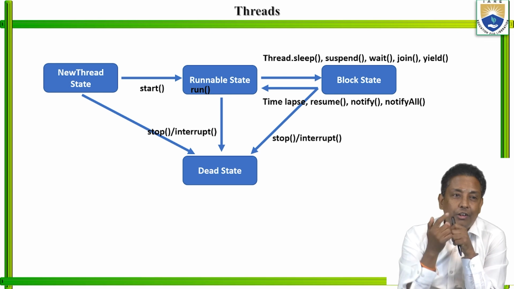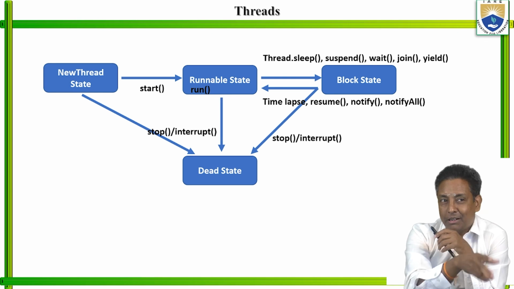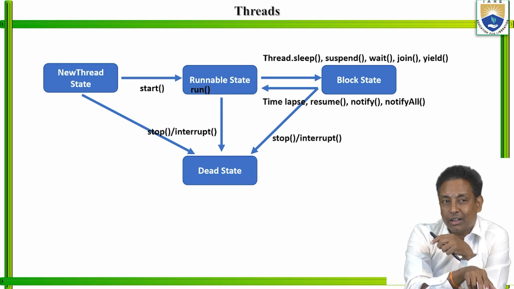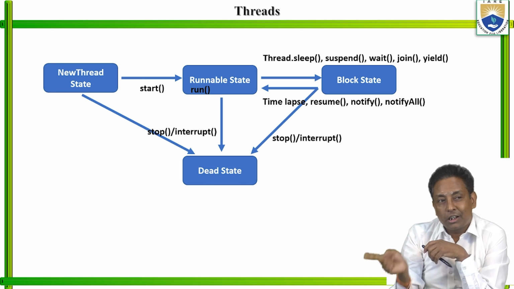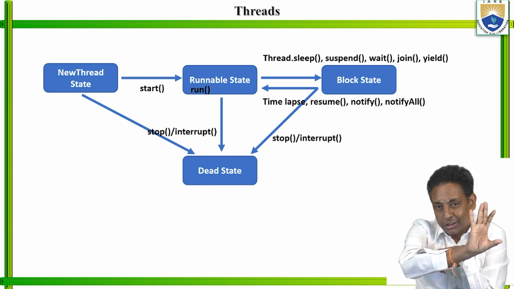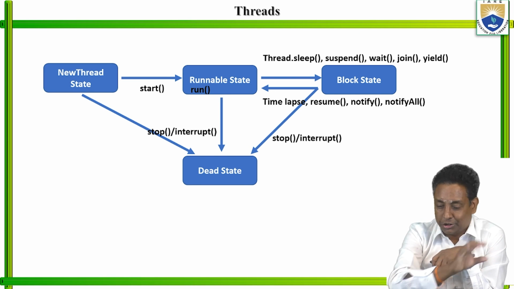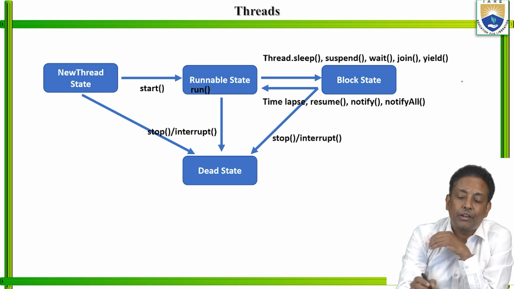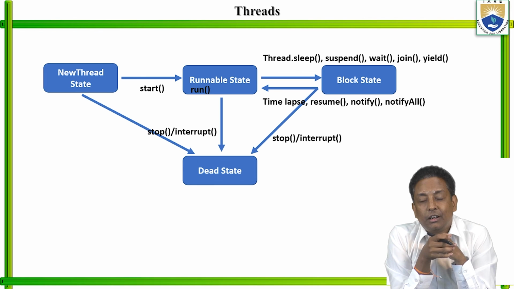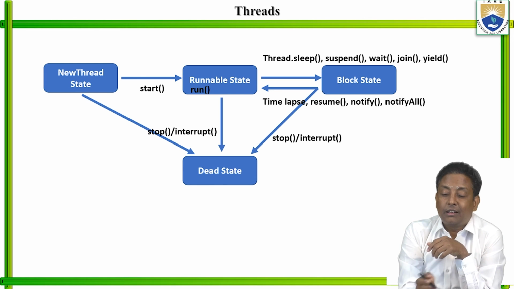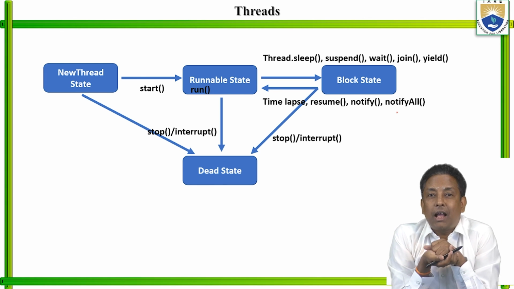Whenever you call statements like sleep, wait, join or yield, these are all instructions to the thread scheduler, so the thread scheduler blocks your thread execution. It stops your thread execution. So if you call any one of these methods, your thread goes to the block state. From the block state, when will the thread return?